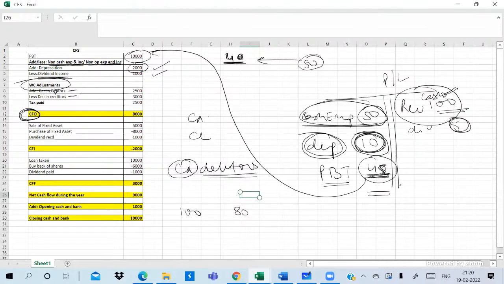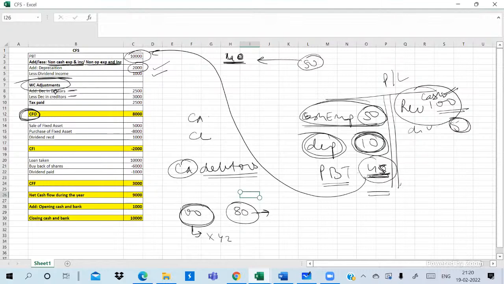20 crores of inflow. How? I'm saying I was supposed to receive 100 crores from XYZ. Now I'm saying at the end of the year, his outstanding is only 80 crores, which means balance 20 crores have been recovered from the customer.